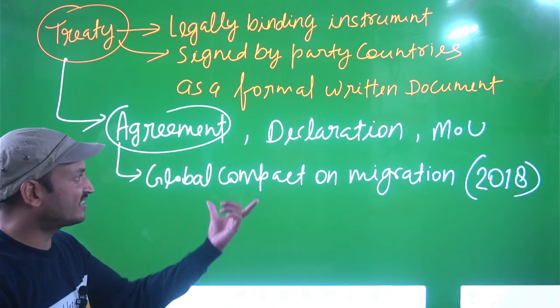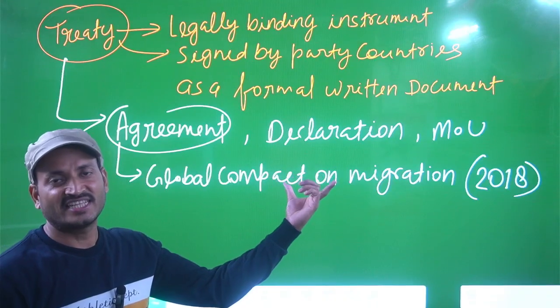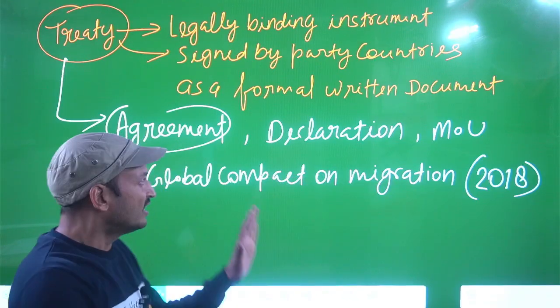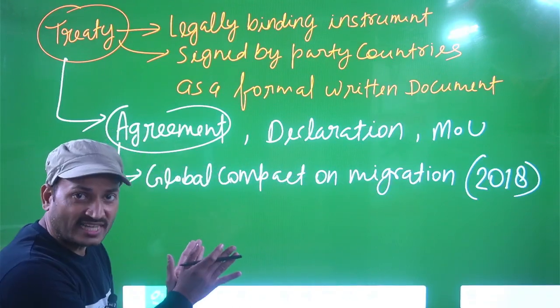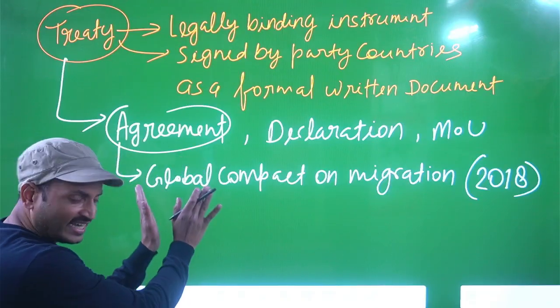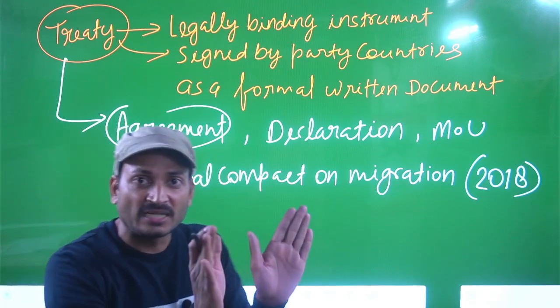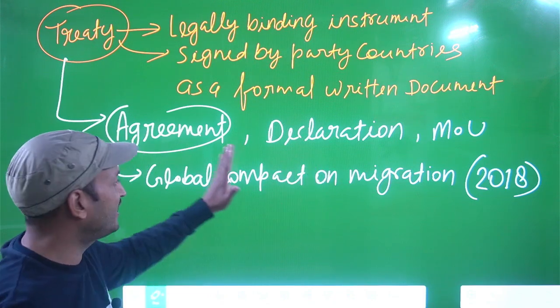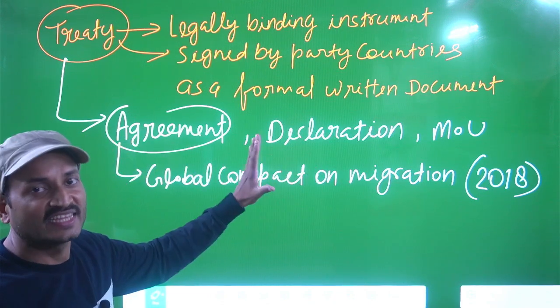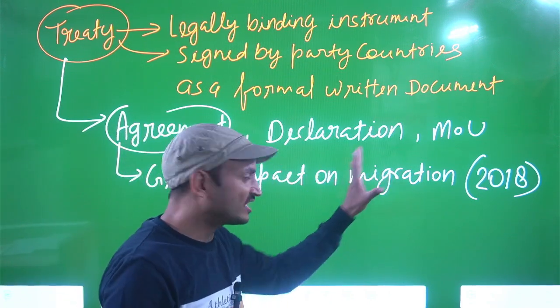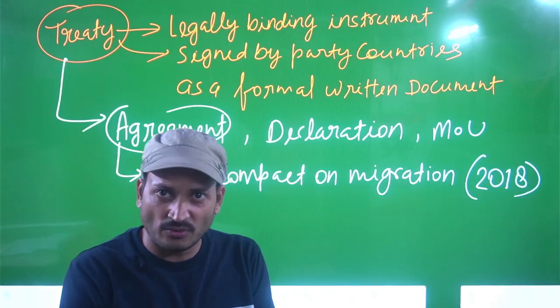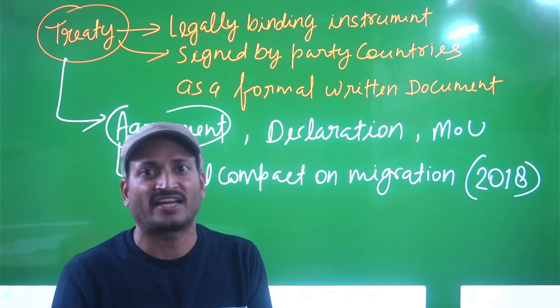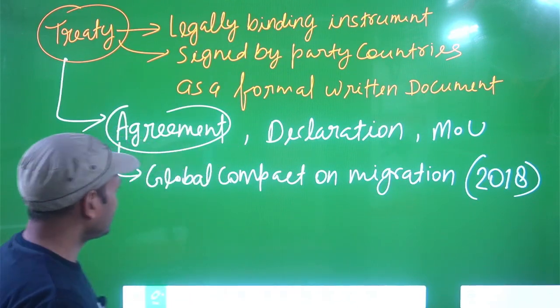It manages the human migration at the international level from one country to another. So this is an agreement, for example, which is agreed by multiple party countries, but it is not legally binding. For example, if any of the party country does not follow the provisions of this agreement, there is no kind of legal restriction on that particular party.